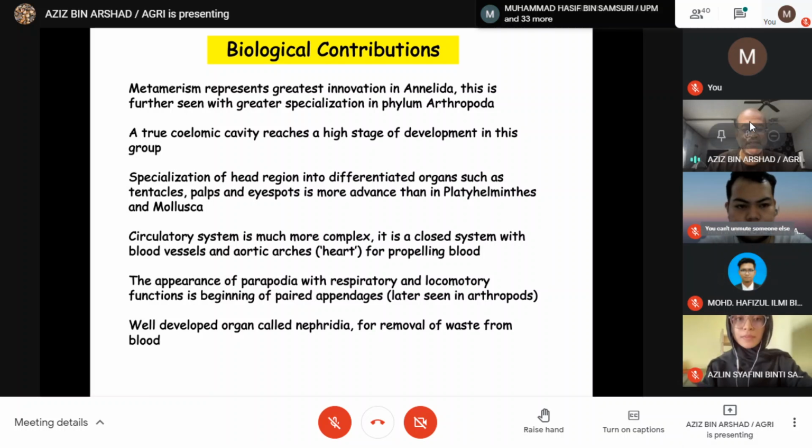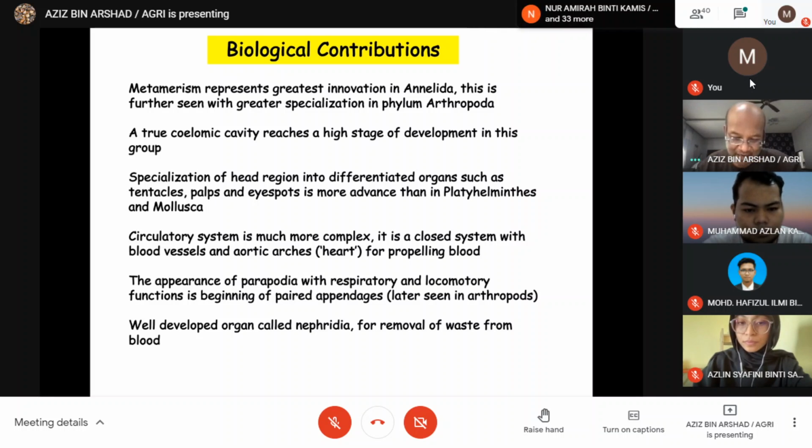So the parapodia is for locomotion as well as for respiration, and it is the beginning of the paired appendages that you see here in Annelida, because later on you again see them in Arthropoda. For the excretory function, they have well-developed nephridia, and this is for the removal of waste from the blood.